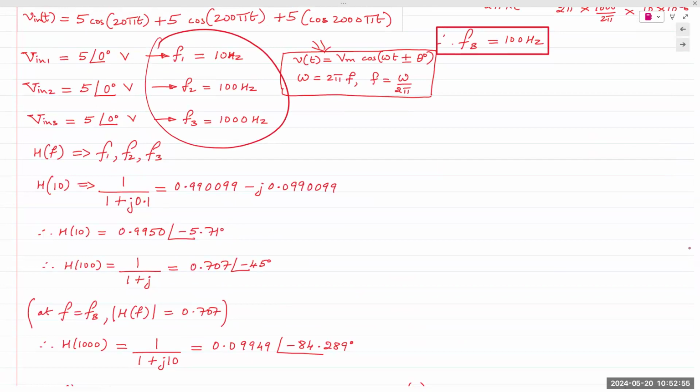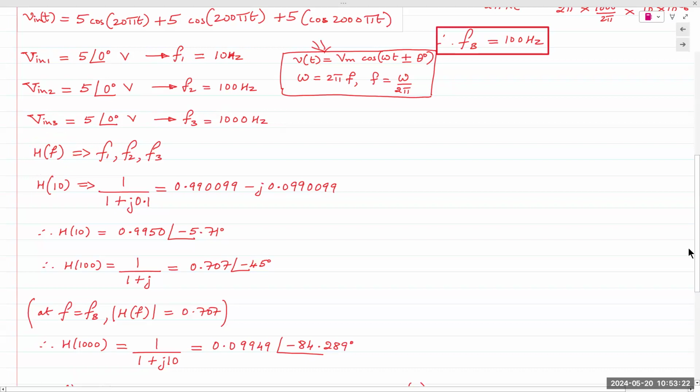20 pi equals 2 pi f, 200 pi equals 2 pi f, 2000 pi equals 2 pi f. We equate with omega equals 2 pi f, and we obtain frequency information for all three components, f1, f2, and f3. Once you have that, you plug it into the equation for the transfer function, H of f, f over fB. f1 over fB gives you 10 over 100. f2 over fB gives you 100 over 100.